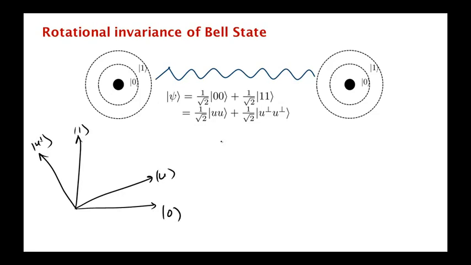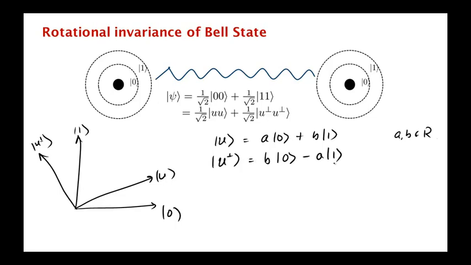Okay, so just think of U as being some arbitrary vector A0 plus B1, where A and B are real numbers. And then U perp you can write as B times 0 minus A times 1. Actually, the way I have drawn it here, it's minus B times 0 plus A times 1.